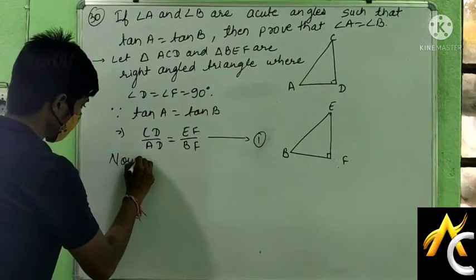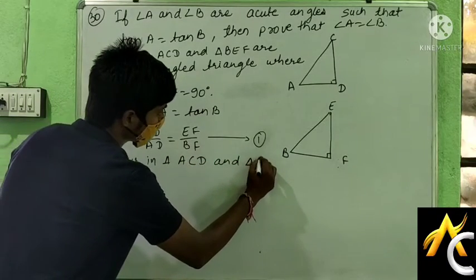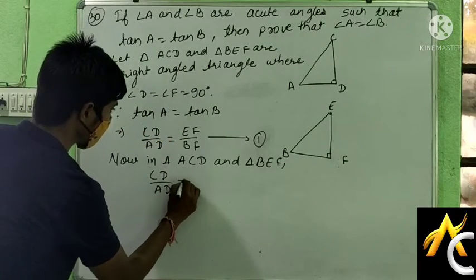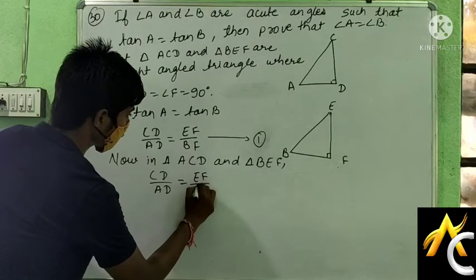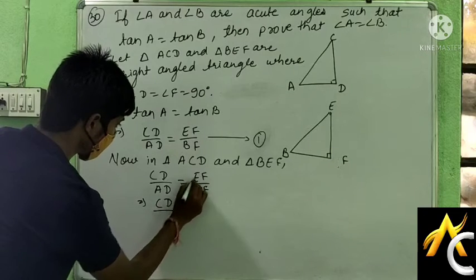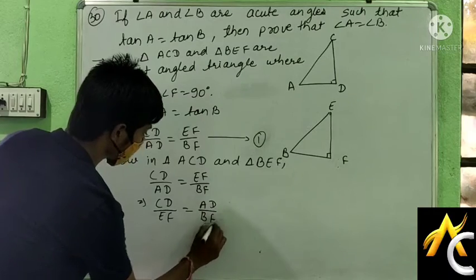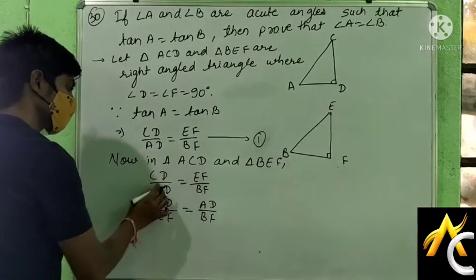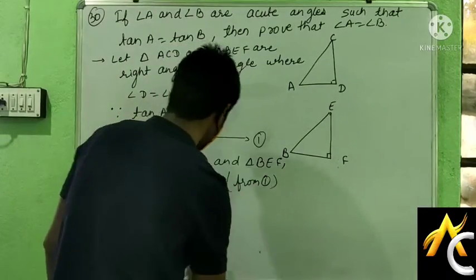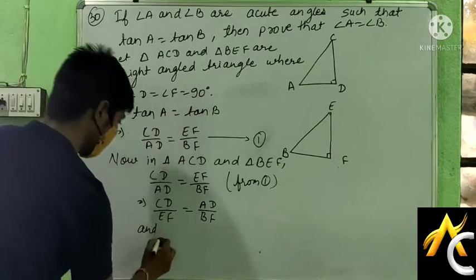Now in triangle ACD and triangle BEF, CD by AD is equal to EF by BF. That implies CD by EF is equal to AD by BF. Just cross multiplication. Okay, this is from 1, and also angle D is equal to angle F is equal to 90 degrees.